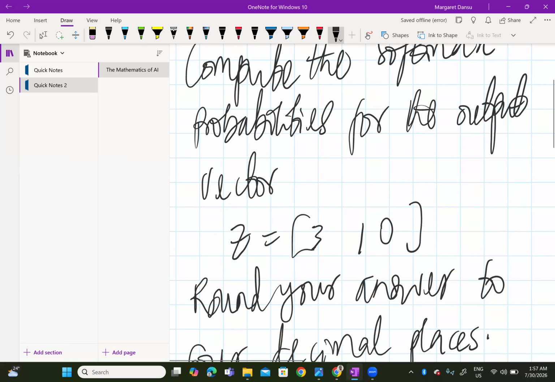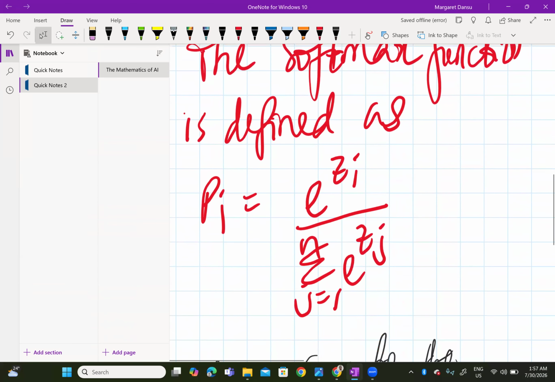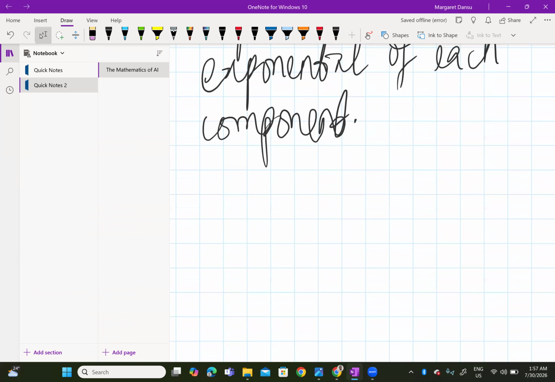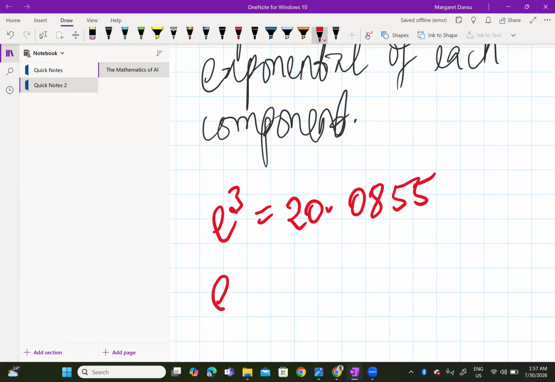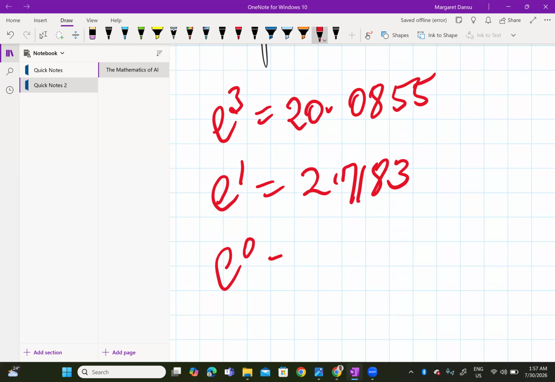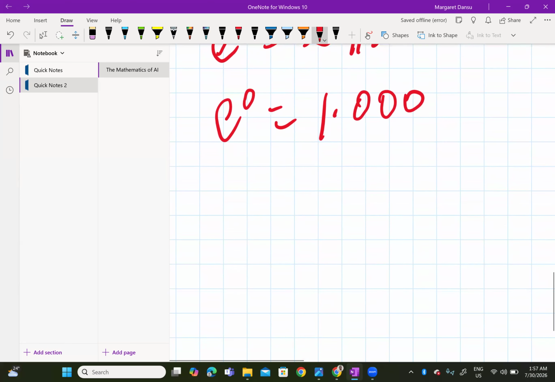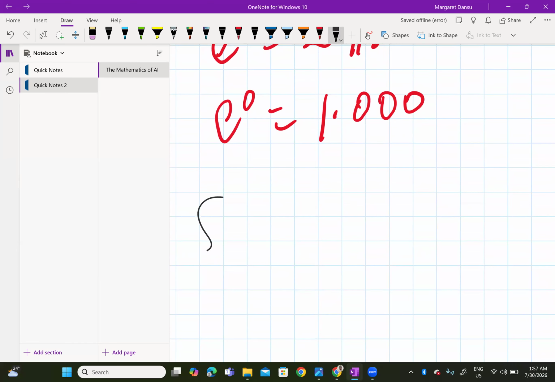We are working with 3, 1, 0. So we have e raised to the power 3, that's 20.0855. We have e raised to the power 1, which is 2.7183. And then we have e raised to the power 0, which is 1.000.